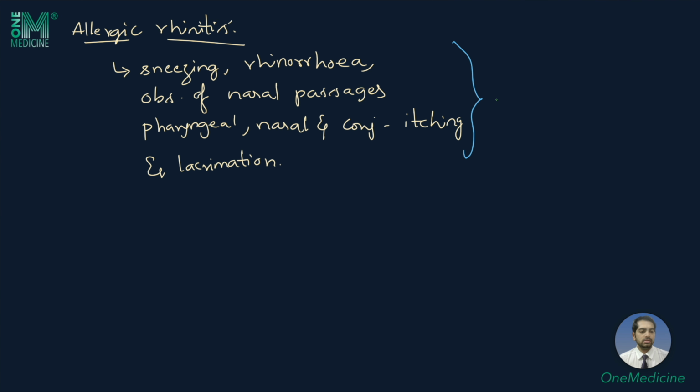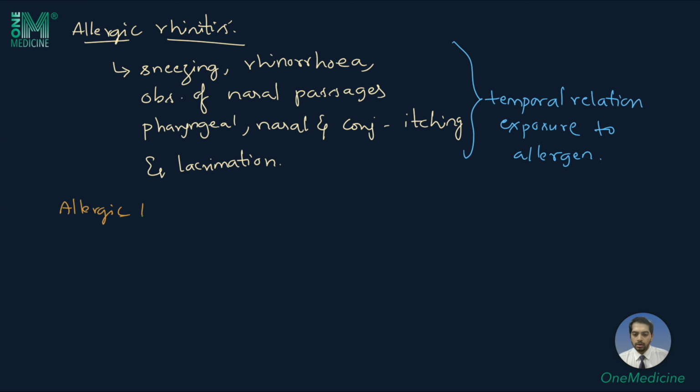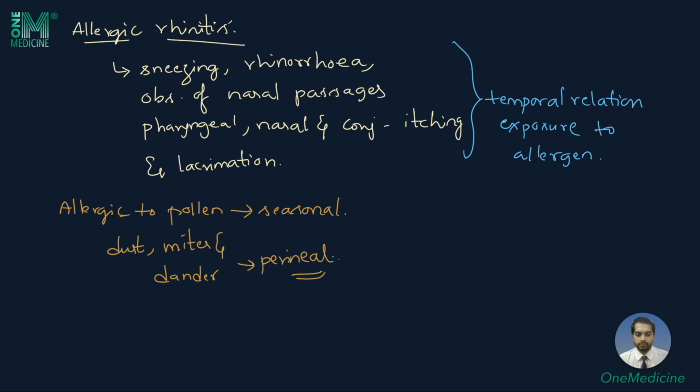All of these symptoms occur in temporal relation to the exposure to allergen. In patients who are allergic to pollen, this condition can be seasonal, whereas patients who are allergic to dust mite and dander can have a perennial symptomatic presentation.